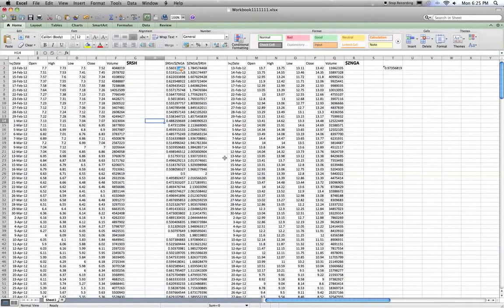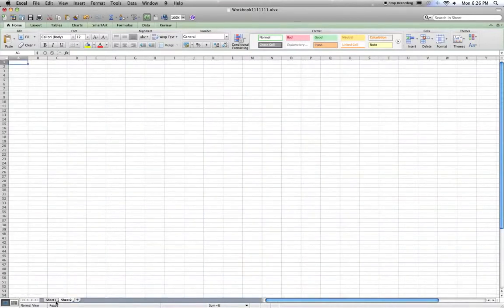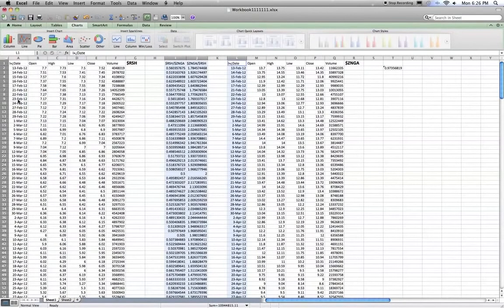So what does this mean, right? To take a better look at this, we're just going to graph them. So click on these two, and also click on the dates. What we want to do is hit line charts.